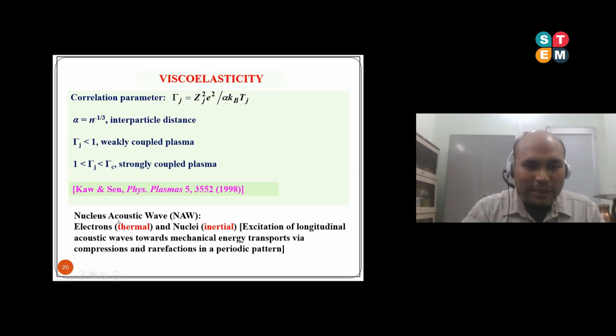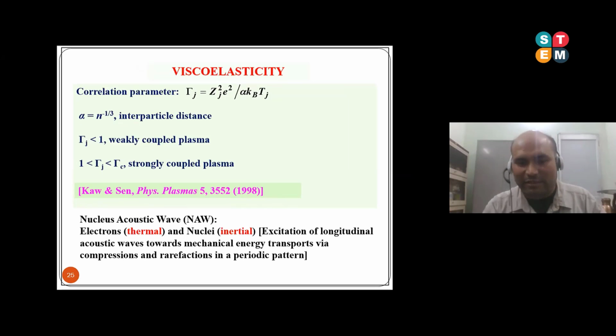In nucleus acoustic waves, electrons act as thermal species, whereas nuclei act as inertial species. So there is excitation of longitudinal acoustic waves, transporting energy via compressions and rarefactions in a periodic fashion. That is your nucleus acoustic waves. Nuclei are always inertial species.